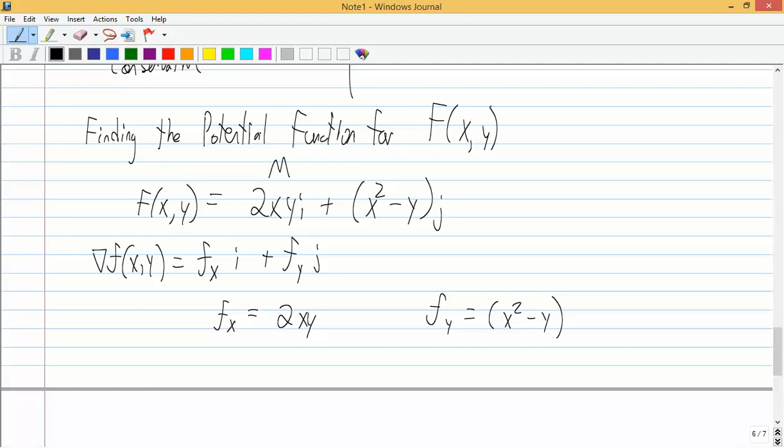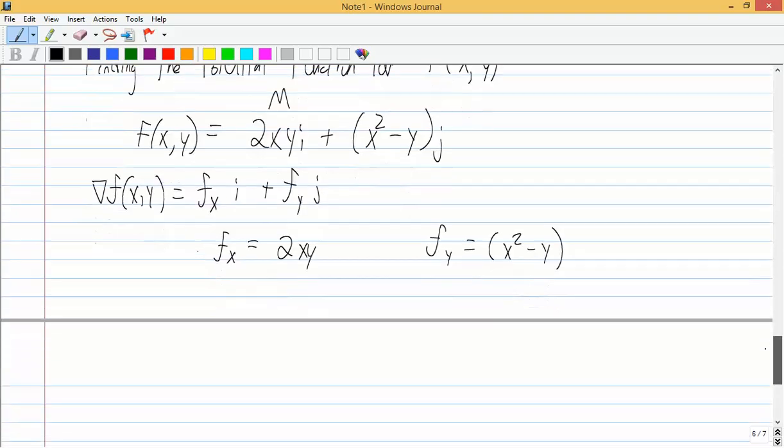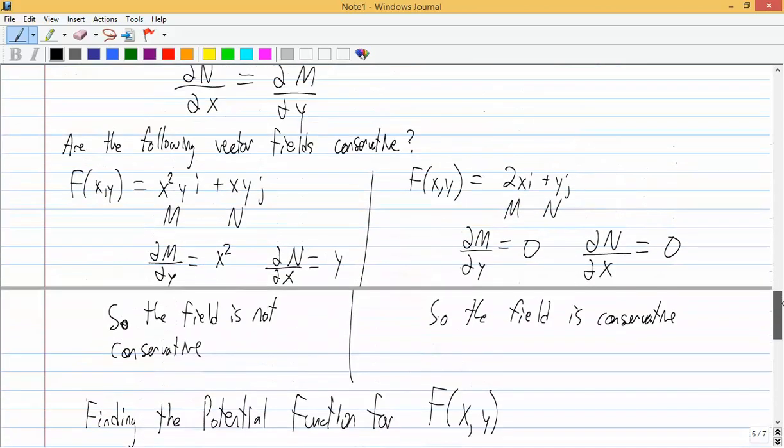So when we integrate m or n, you can do either one, then that gives you the answer in a form that you would want. We take the derivative of that and go back to this form, and then we can figure out the part that's missing if there is a part. So in your book they don't call these m and n, but remember that's what these are. This is m, this is n.